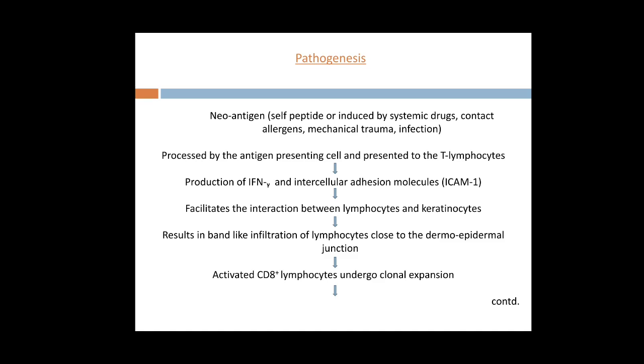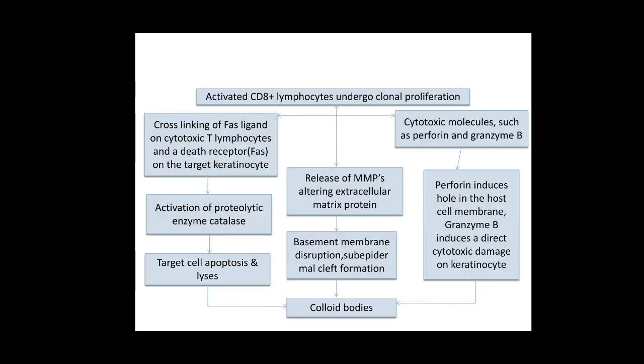Then they pass through the lymph channels and go to the lymph nodes and start presenting themselves to the T lymphocytes. When this is presented to the T lymphocytes, a series of actions along with ICAM, interferon gamma, and other things leads to activation of CD8 lymphocytes. These CD8 lymphocytes are killer cells. So these start to develop either an intrinsic apoptotic pathway or an extrinsic apoptotic pathway, which leads to damage of the basal keratinocytes.